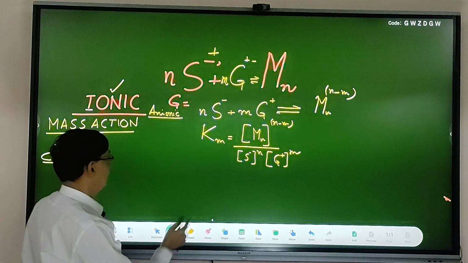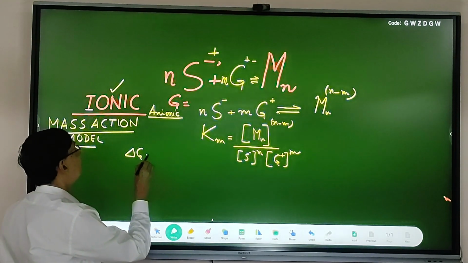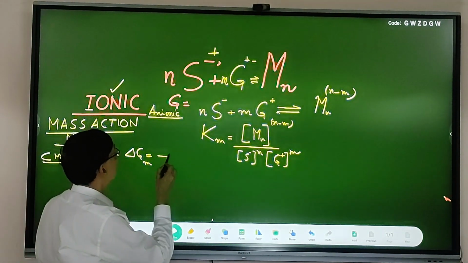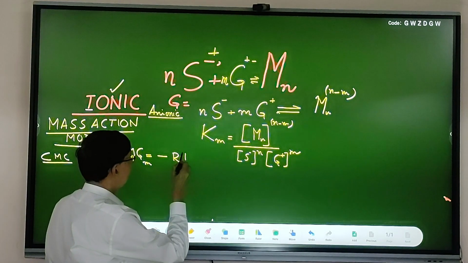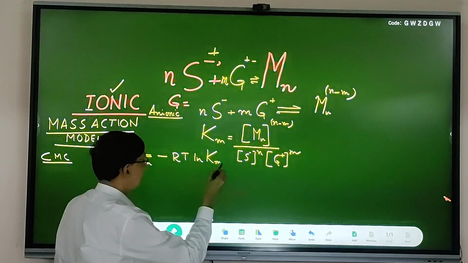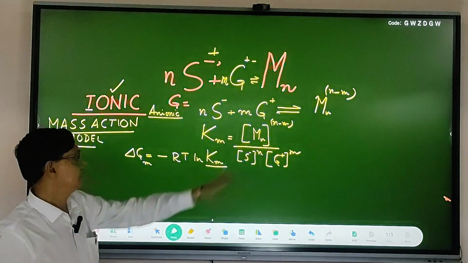So same thing, first we will write the delta G of micellization, same thing, minus RT natural log of Km. So we have to substitute the value of Km from here.